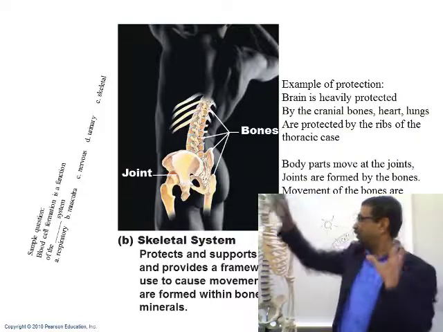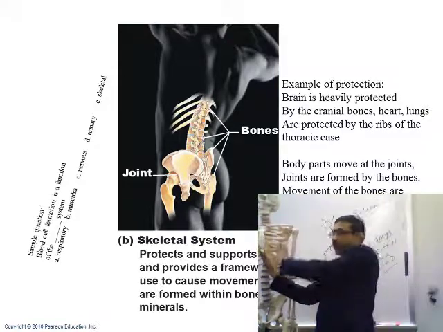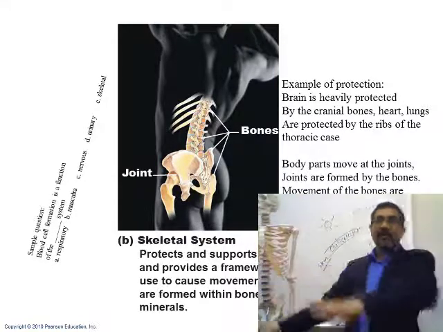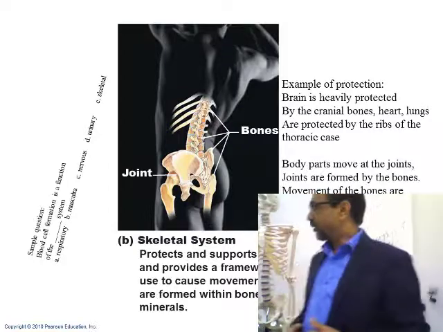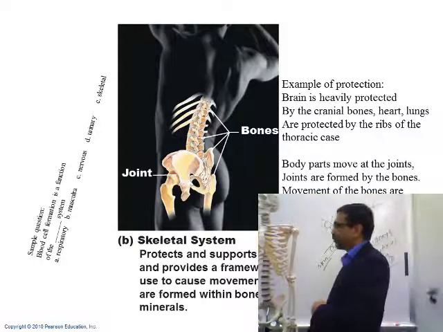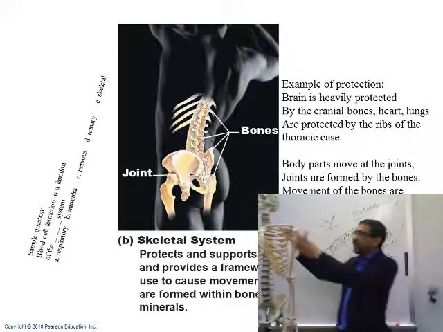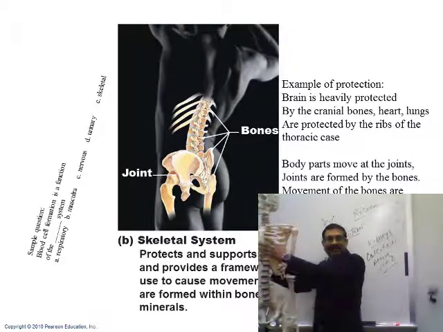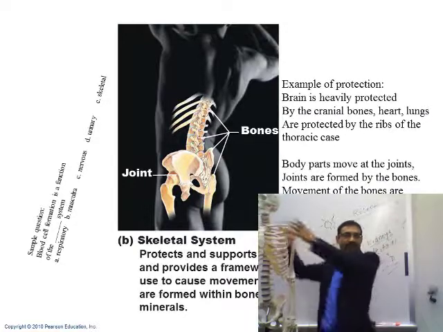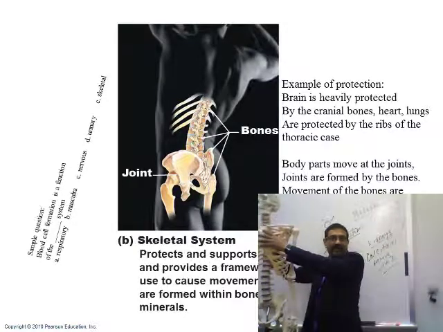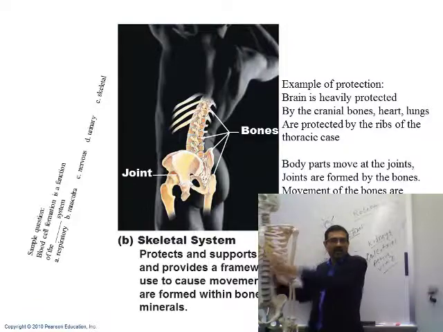Just a few examples. Your heart is protected by these bones, ribs, right? So protection is a very important function of the skeletal system. Supporting, your whole body is supported by what? This, right? This is the framework, skeleton. Your whole body is supported by this.